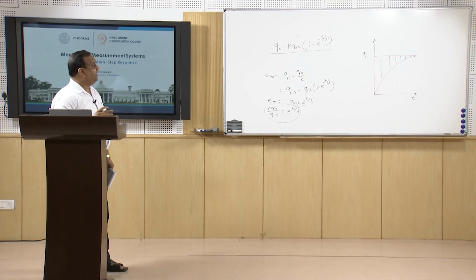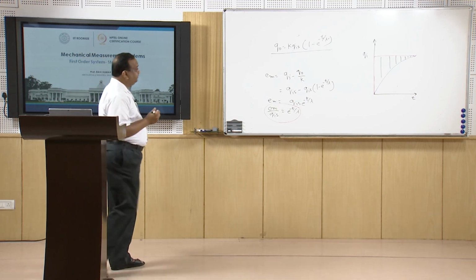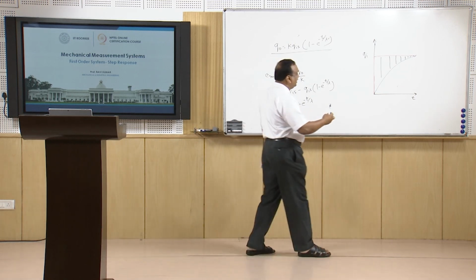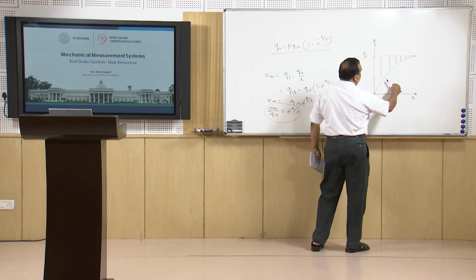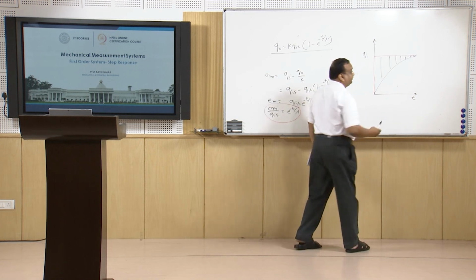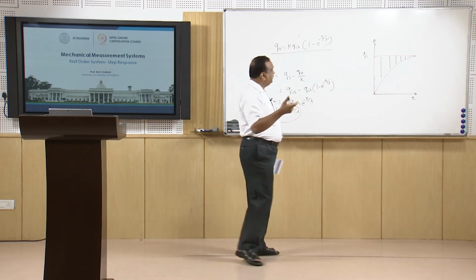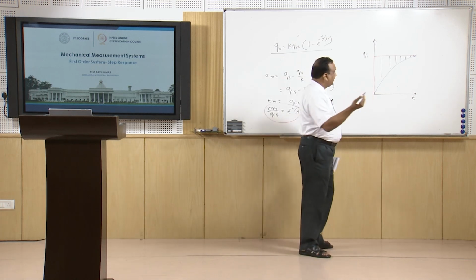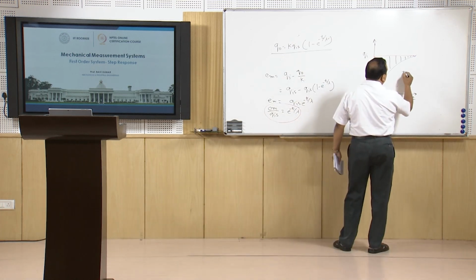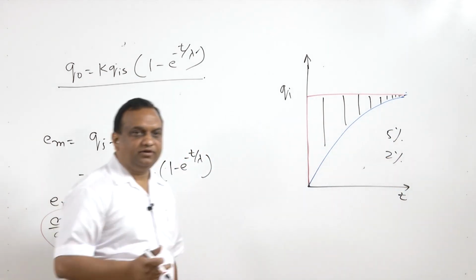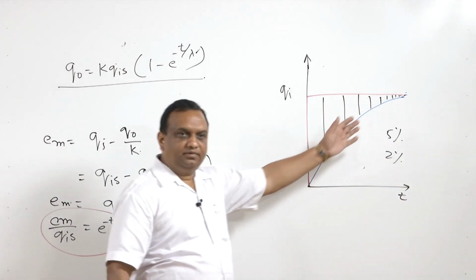And there is a settling time for the instrument. Settling time means when input is given, the output starts changing, and after a certain time interval it settles within the tolerance limit of the measurement, that is, within 5% or 2% of the measurement. So that is the settling time.